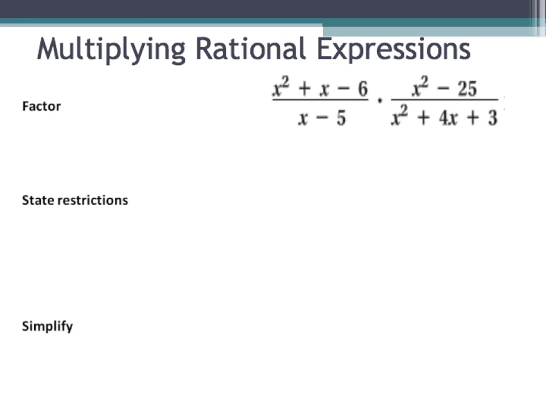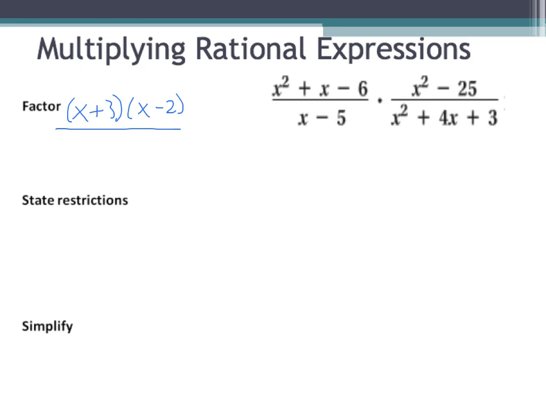For multiplying rational expressions, the same 3 things have to play out: factor, state restrictions, and simplify. So first, when I'm factoring, the top on the left would be x plus 3, x minus 2, because that would add together to get a positive 1, multiply to get negative 6.